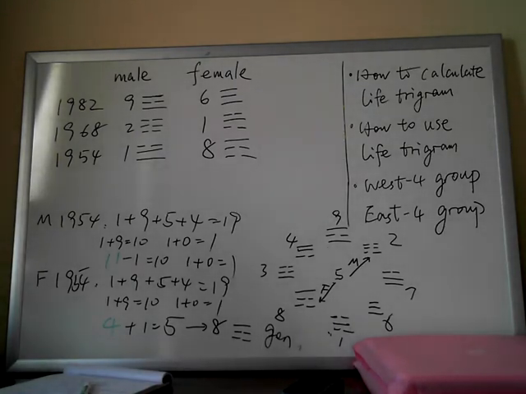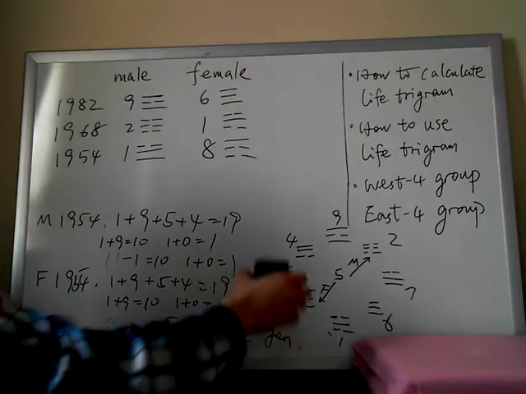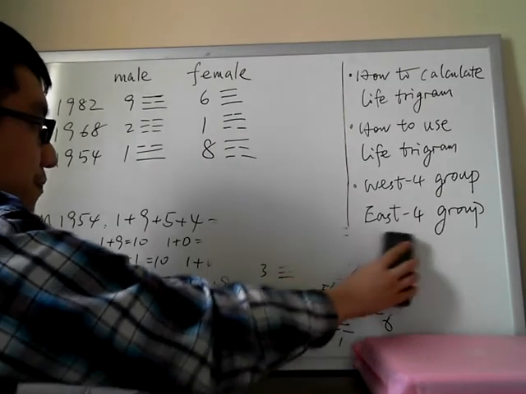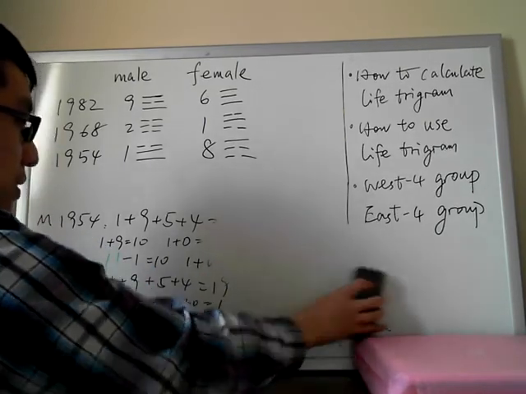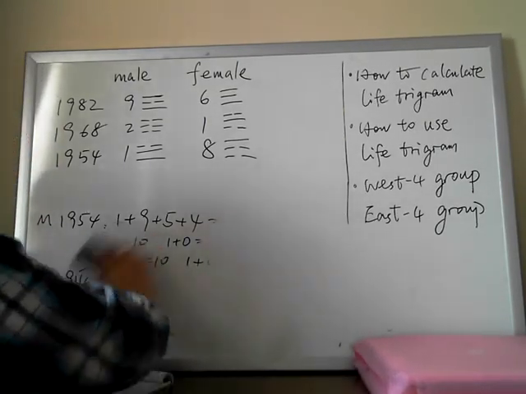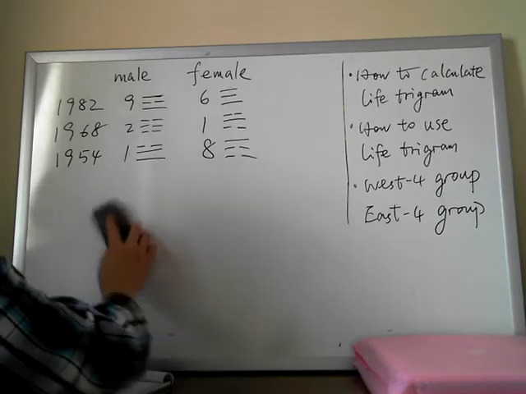For example, it will determine which way to face when you study or work in your office or meditate. So let me give you examples to illustrate the use of the life trigram.